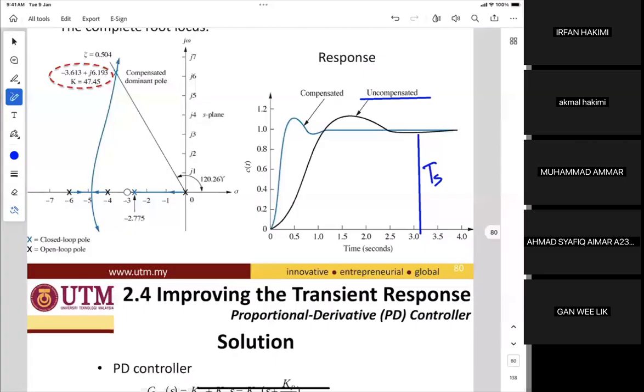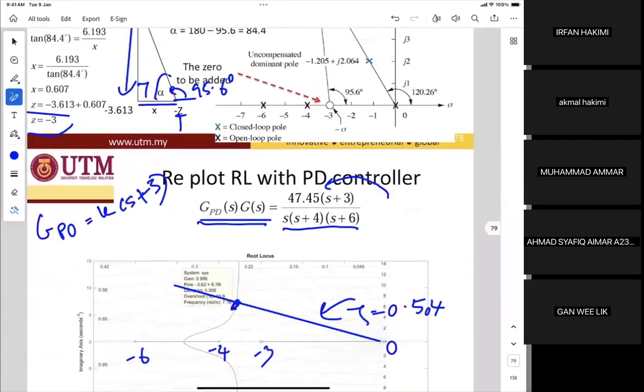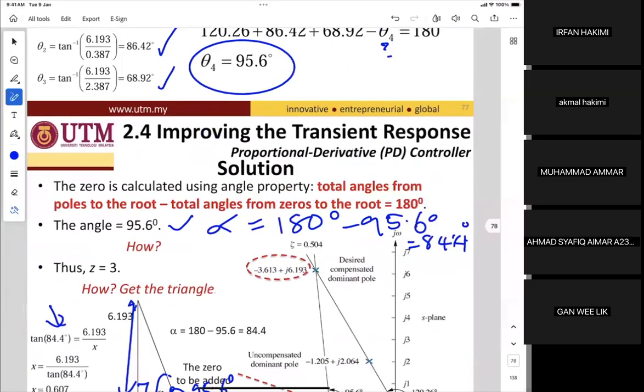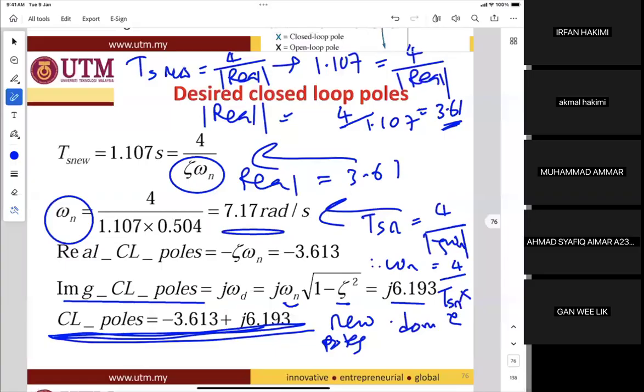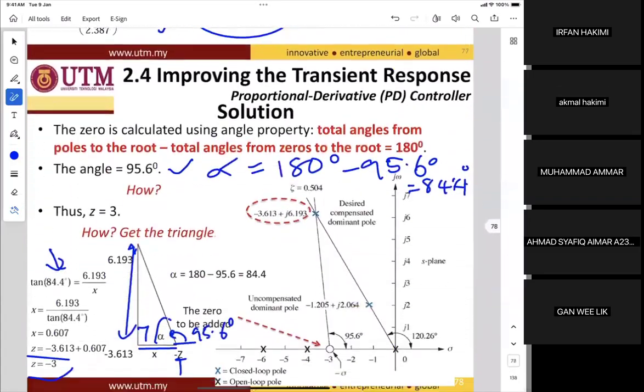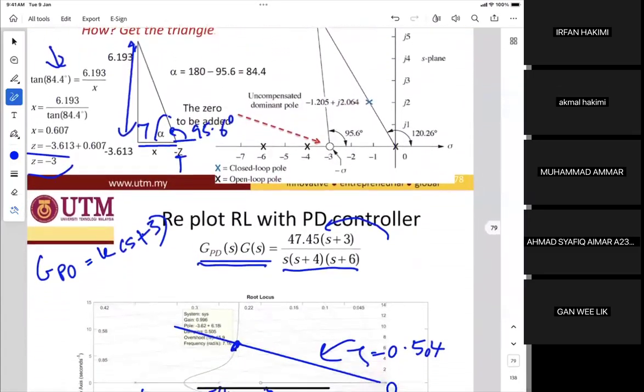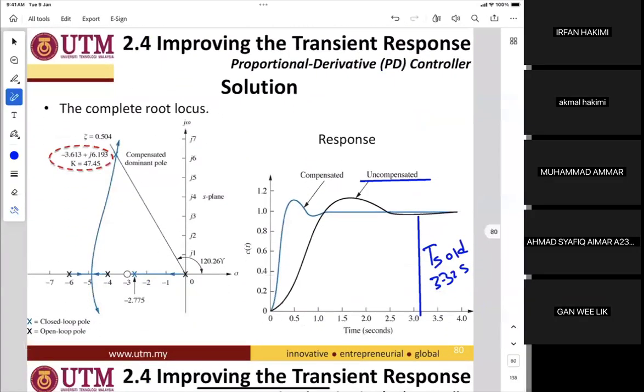Ts whole is 3.32 seconds. Now the settling time has been reduced 3 to 4 times, so Ts new is 1.107.